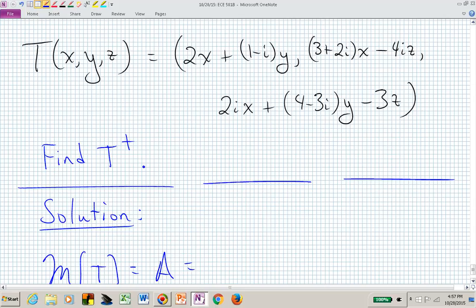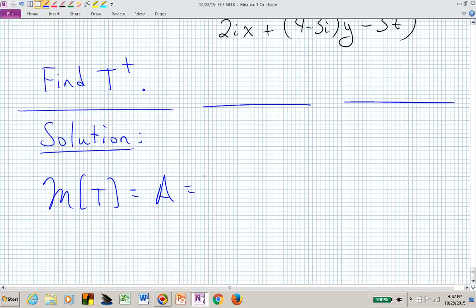But this matrix representation takes 2 times the first coordinate, and so the first row of this matrix representation A needs to produce this first coordinate when it is operating on a vector x, y, z.